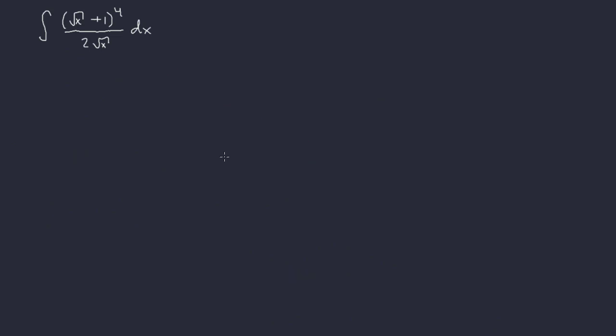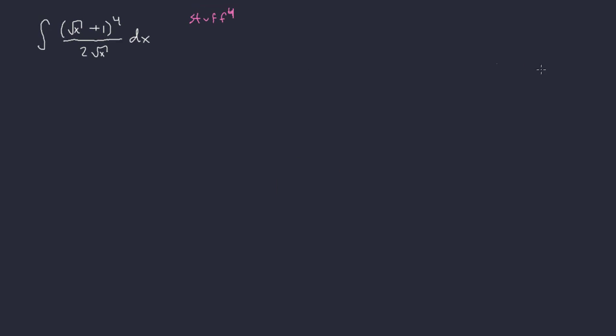All right, so for our next example, the integral of the square root of x plus 1, all raised to the 4, all over 2 square root of x. My first idea here is that the square root of x plus 1 should be our u, since that's our stuff to the 4th.